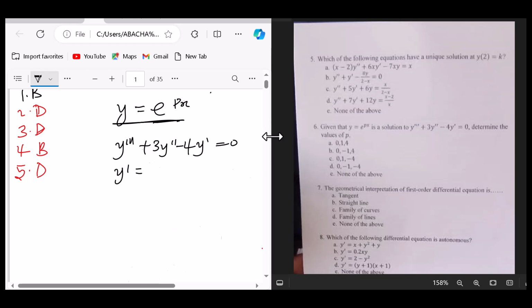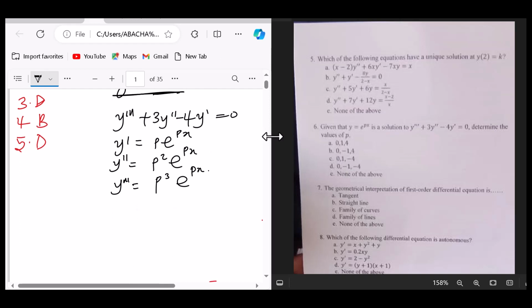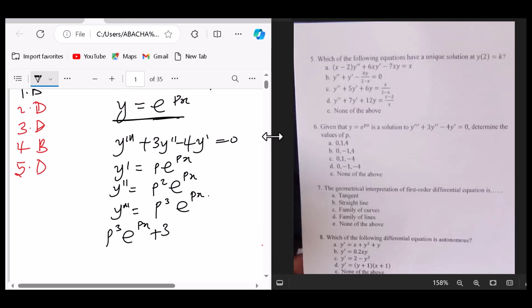So here what do we do? We just differentiate this thing and substitute. So y prime is equal to p e power px. Y prime prime is equal to p squared e power px. Then y prime prime prime is equal to p cubed e power px. So substituting, we have p cubed e power px plus 3p squared e power px minus 4 e power px, all this equals 0.